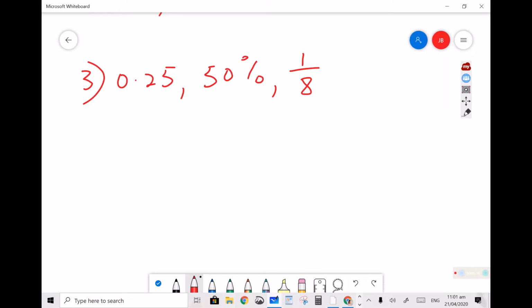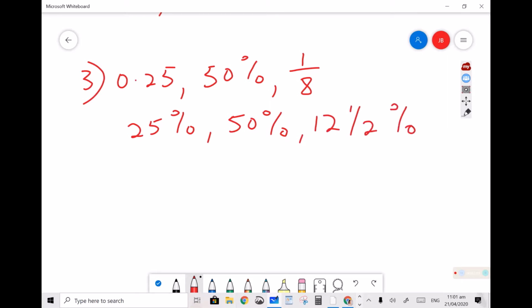So 0.25 would be 25%, then we would have 50%, and 1/8 will be 12.5%. We should know these by heart.